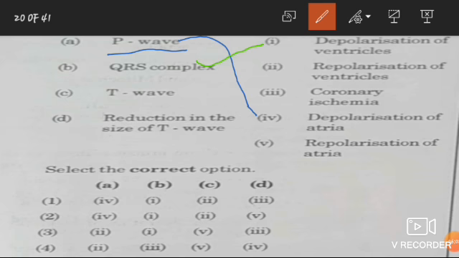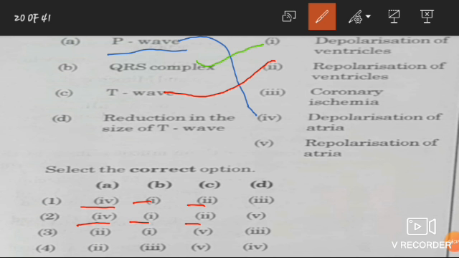Next, T wave. T wave represents the repolarization of the ventricles. That is option number 2. So A with 4th, B with 1st, C with 2nd.